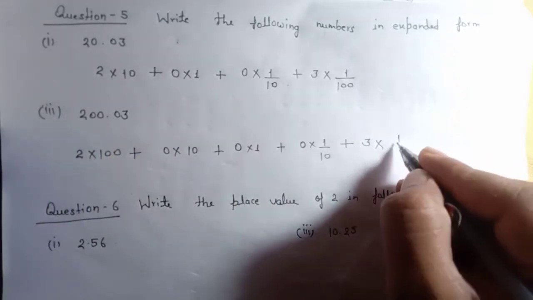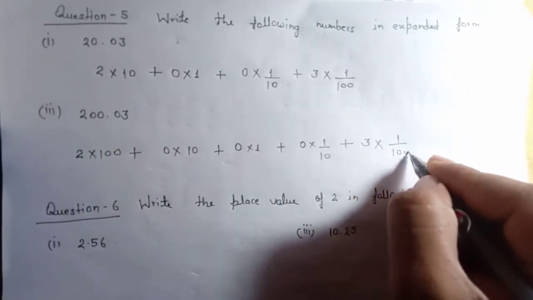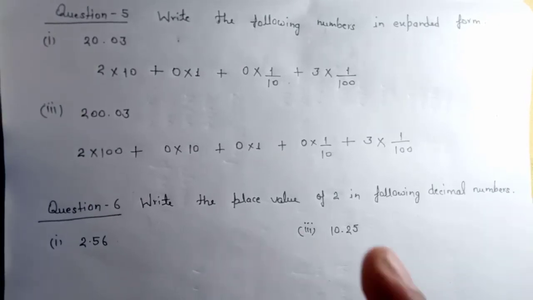So multiply by 1 upon 100. This is the expanded form of the numbers.